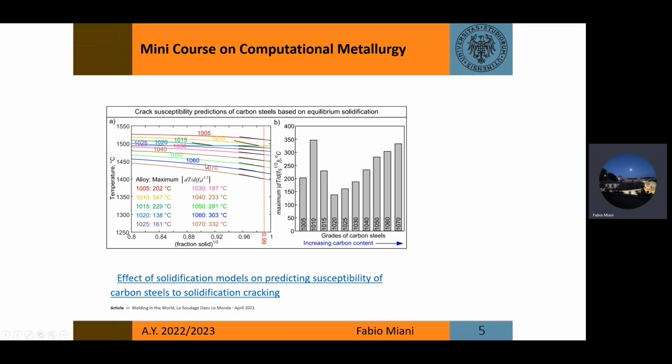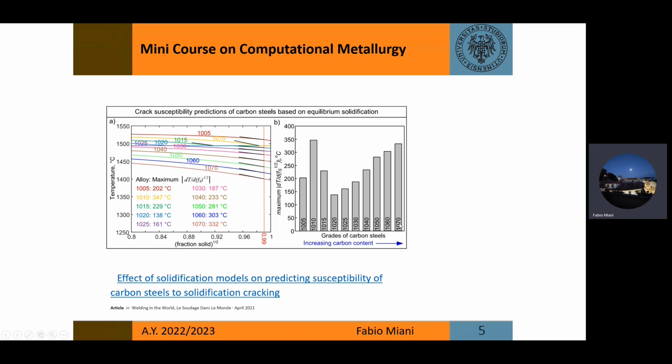And in these graphs, he ranges grades of carbon steels, neglecting manganese, silicon, and other minor contributions. And so these are 1005, 1010, 1070.